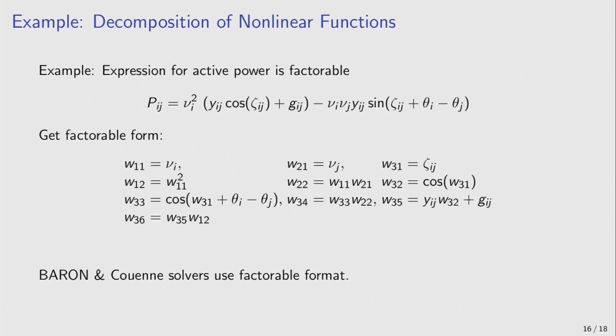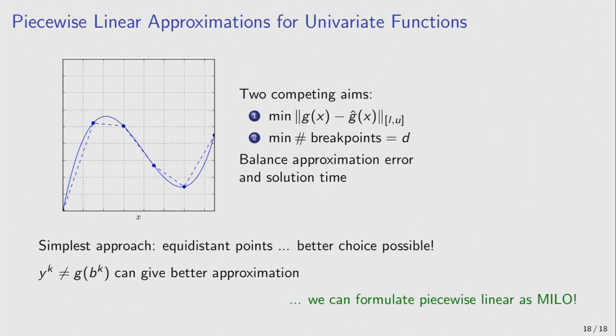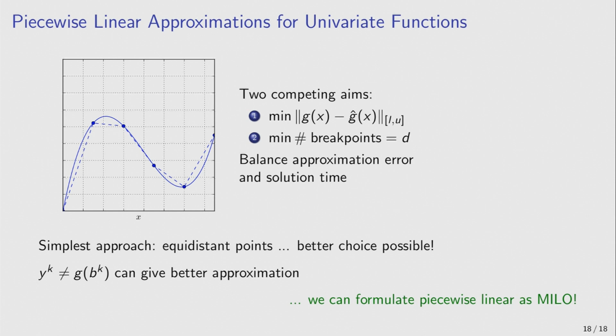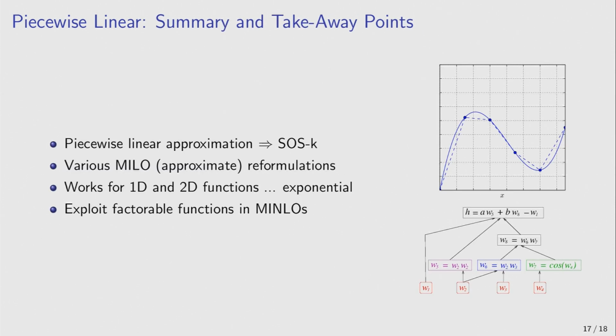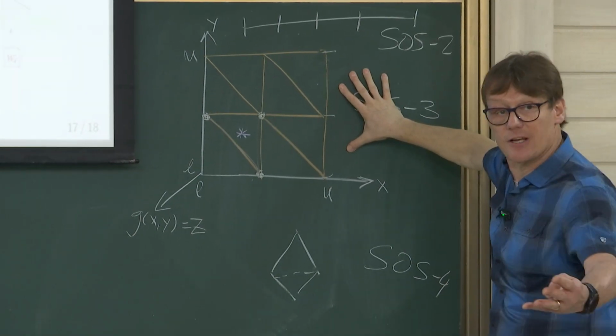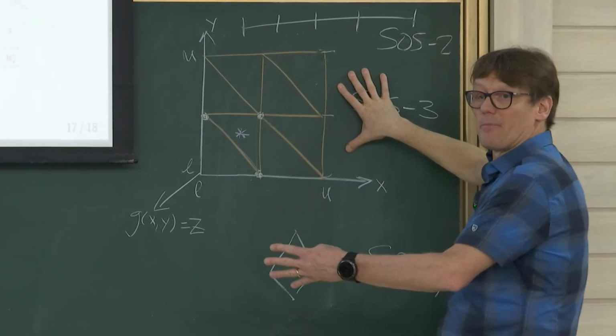And I'm way over time, so I'm not going to show this. There's some references there. But no, we don't need to look at this either. So we can do these piecewise linear approximations. They're very easy to do in the one-dimensional case. They're tractable in the two-dimensional case. And if we want to do higher dimensional cases, we reformulate our problem.